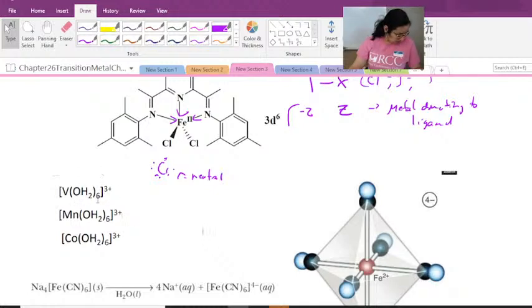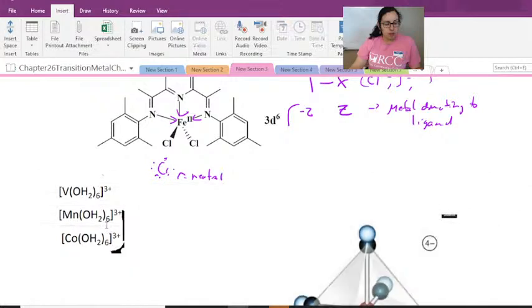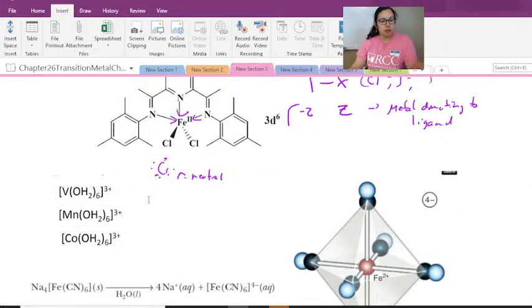Let's see, so take a look at these 3 compounds. These are all water as a ligand, so these are all neutral. And you have their charges there, so see if you can figure out their D count.